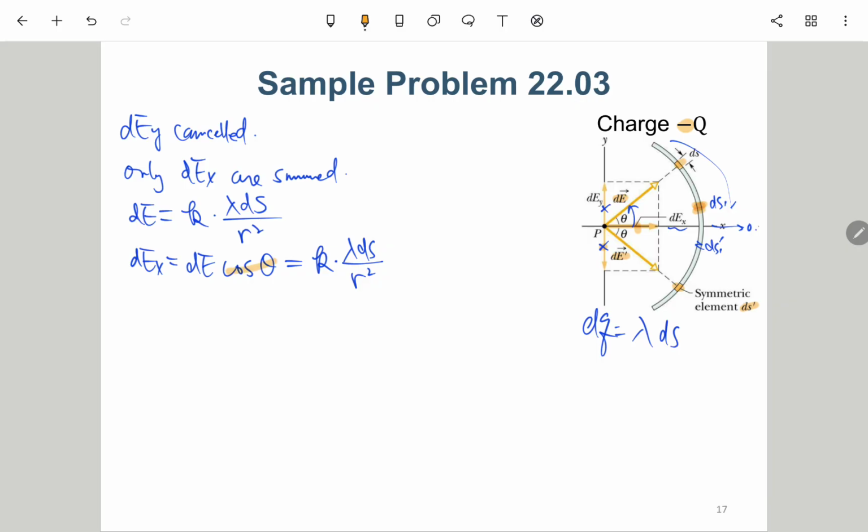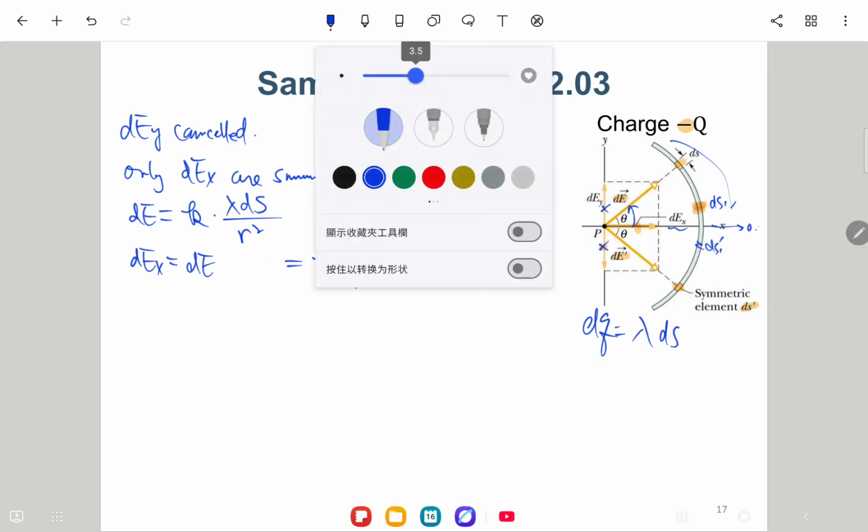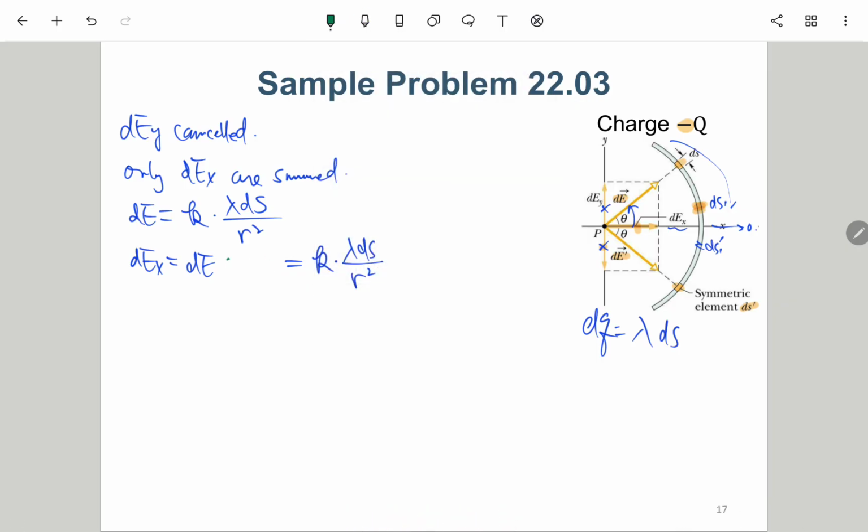And maybe I use another color, the green color. Cosine of theta, we just remain it, just leave it there.